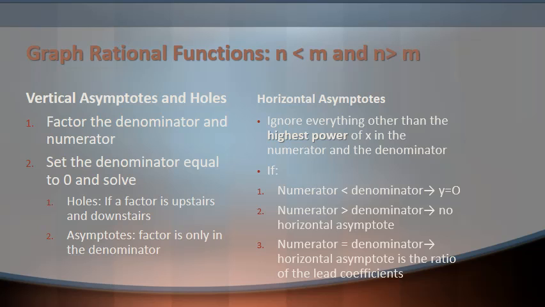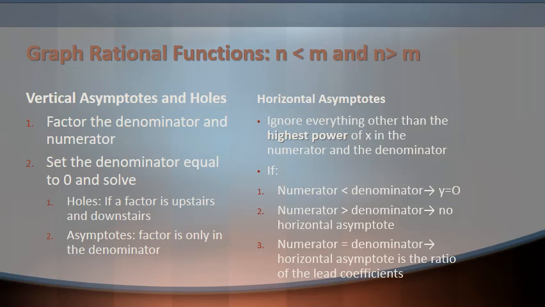Horizontal asymptotes, we're going to consider the highest power of x in both the numerator and the denominator. That's what we're going to look for. We're going to ignore everything else. If the highest power of the numerator is less than the denominator, then our horizontal asymptote is y equal to 0. If the highest power of the numerator is greater than the highest power of the denominator, then there will not be a horizontal asymptote.